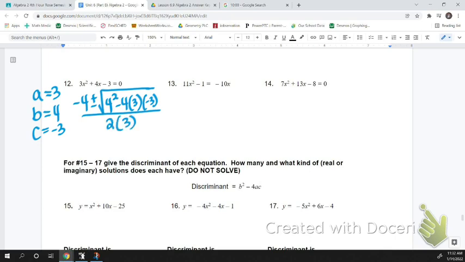Does that help us with 12? Quadratic formula for 12, 13, and 14.